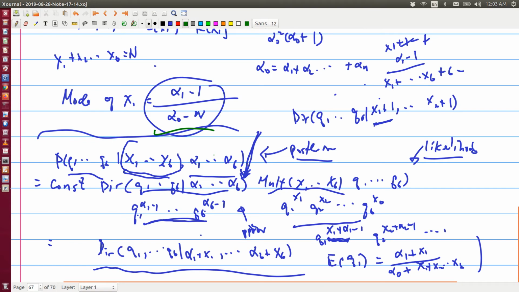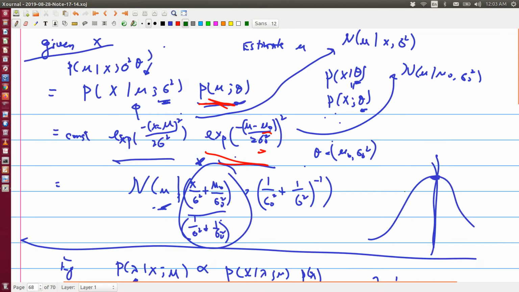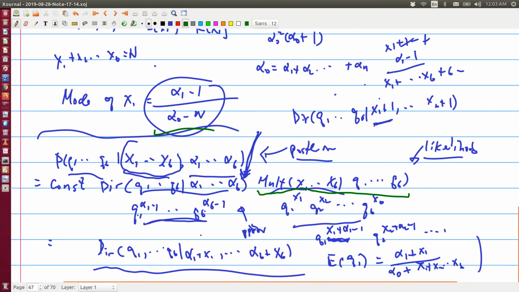And then let's say we now have a likelihood that is multinomial distributed. As we mentioned, this is a dice example. Therefore we have 6 different outcomes. We assume the dice can be biased, so q1 up to q6 may not be equal to 1 over 6.